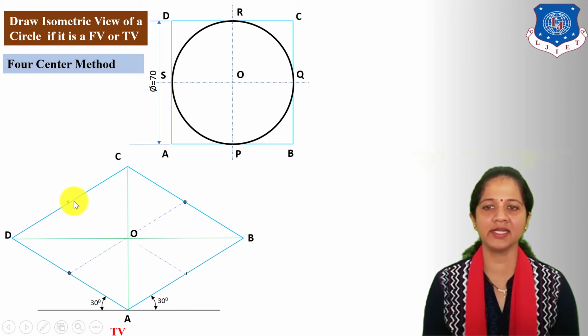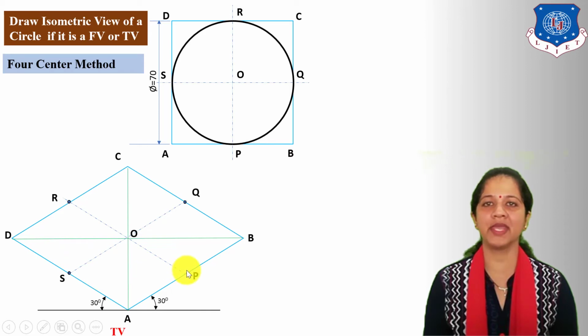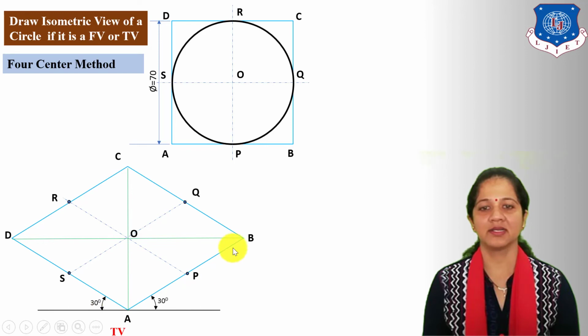Similarly, connect the midpoints of the AB and CD edges passing through point O, parallel to the AD edges. Mark points P, Q, R and S here. Now these two lines indicate the center line of length and the center line of width.